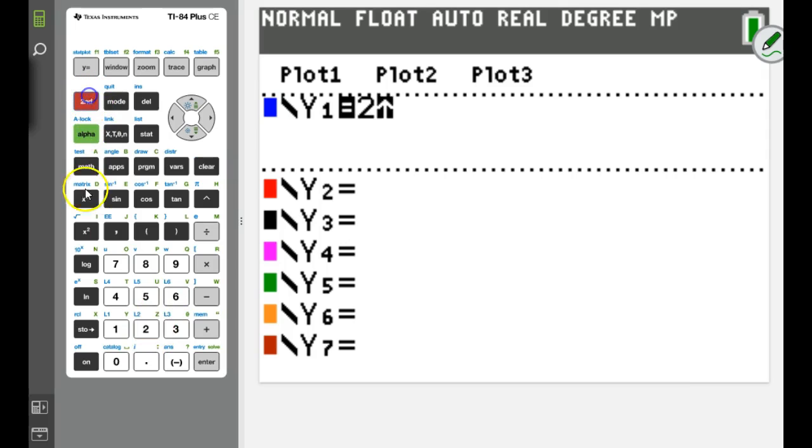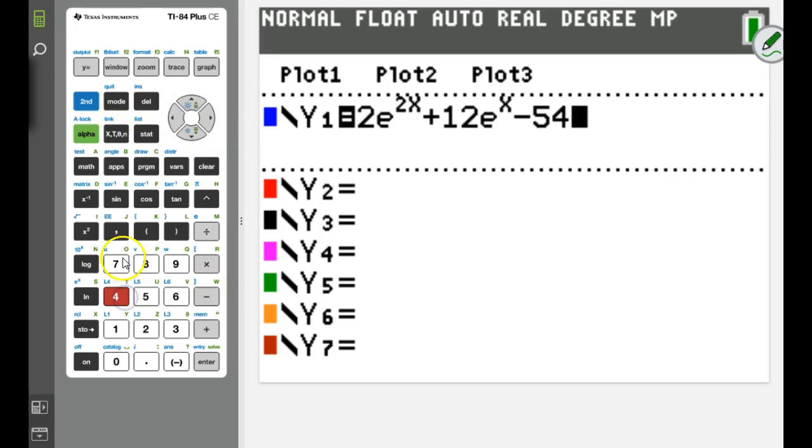You guys could be trying this. 2x, thanks. Plus 12e to the x minus 54, was it? Oh, yeah, I gotta get out of there. I always do that. Okay, and we want to know where it equals 0.